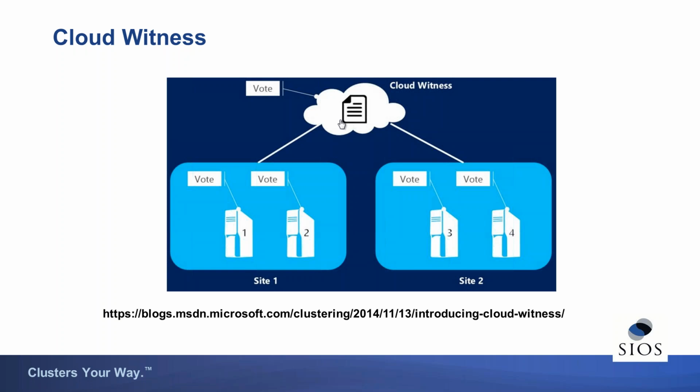So by putting the witness in the second site, you're risking downtime associated with a failure of your DR site, which certainly is not a good idea. That's why having that third location is always the best solution for any sort of multi-site cluster. And now Microsoft has made it easy for you to leverage the cloud as a vote in that cluster.